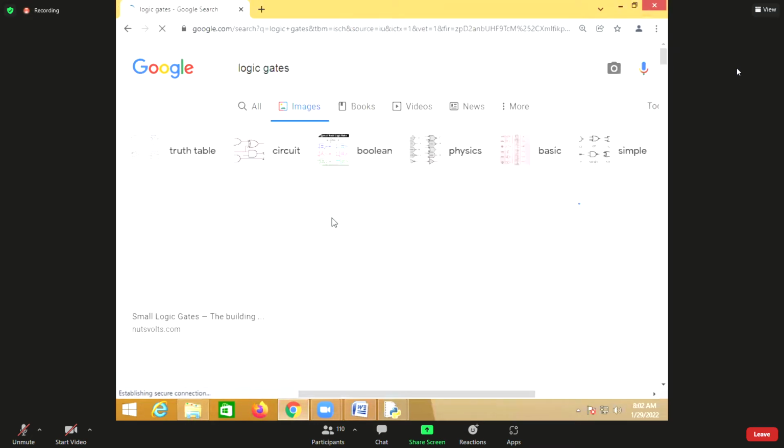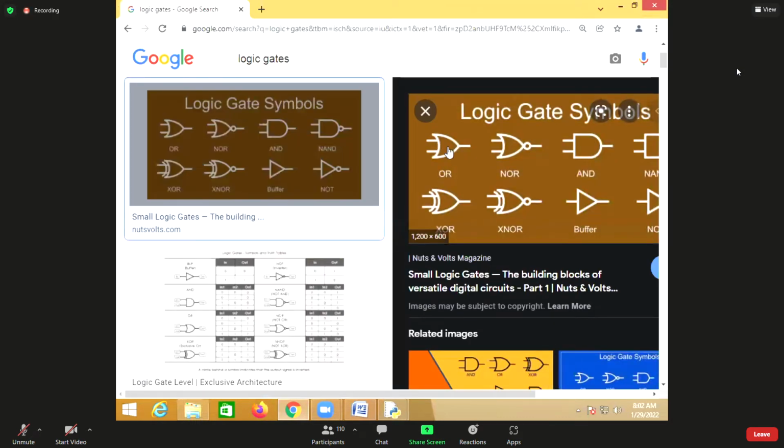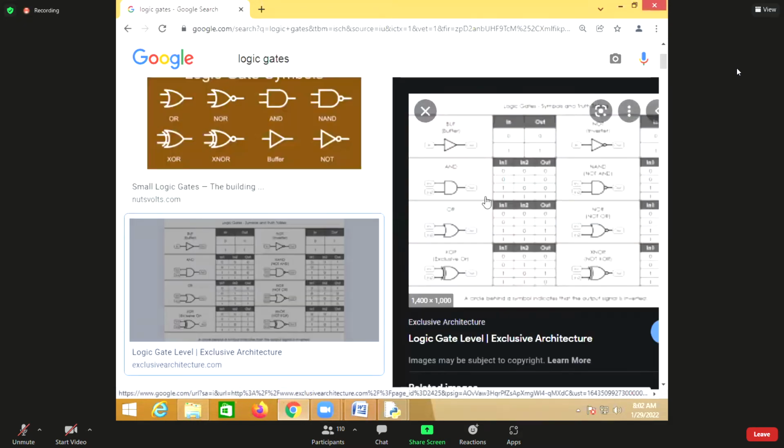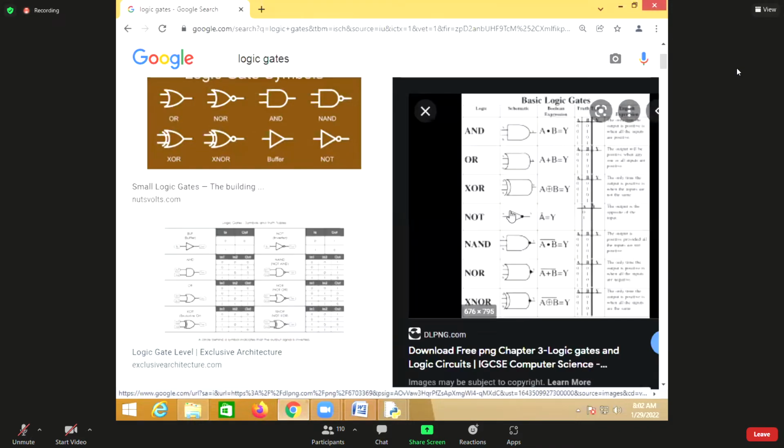You can find some logic gates: OR gate, NOR gate, AND gate, NAND gate, exclusive OR gate. You can also see some truth tables of these, showing how exactly each works. Here we are not using all of them, but you can apply them.